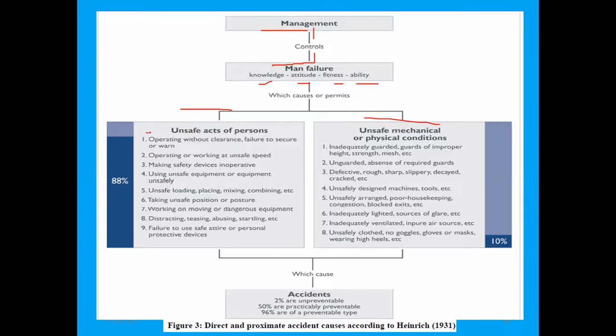First, operating without clearance, failure to secure or warn. Here, inadequately guarded, guards of improper height, strength, mesh, etc. In unsafe physical conditions, we have to see the physical conditions of a human being.